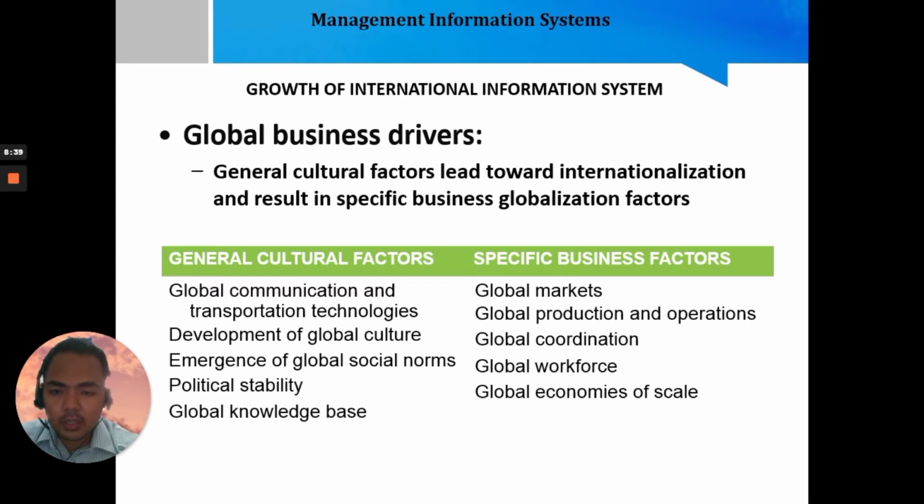In order to deliver the products and services, the company must have a good communication network with different logistics, coordinated with their different sub-companies so that the products will be delivered efficiently. Next is the development of global culture.